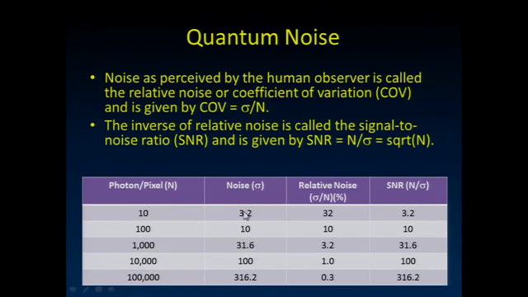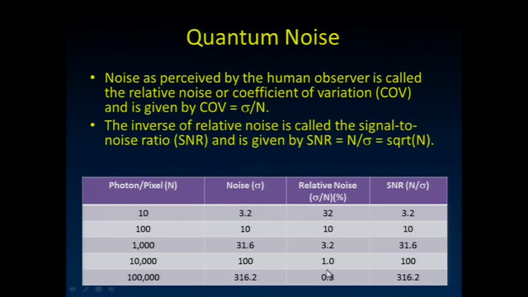So 100 is quite a bit bigger than the 3.2, but our eye perceives what we call the relative noise, which is this noise number divided by the number of photons, n. So this 100, the square root of n, divided by the number of photons.